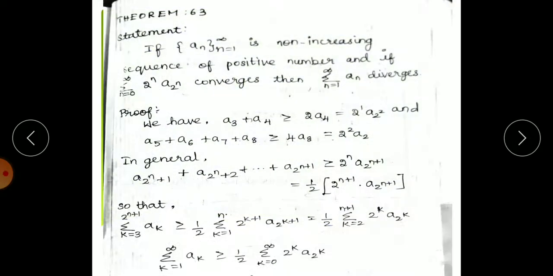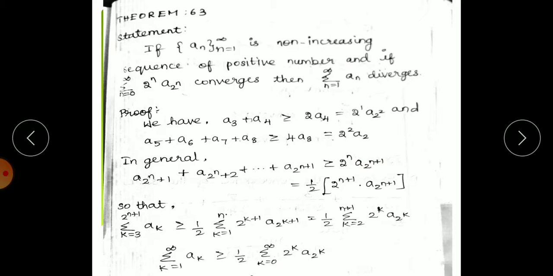Next theorem: if a_n is a non-increasing sequence of positive numbers and if summation 2^n into a_(2^n) diverges, then summation a_n diverges. So a3 plus a4 is greater than or equal to 2a4, that is 2^1 into a_(2^2), and the second term is 4 times a8, that is 2^2 into a_(2^3).